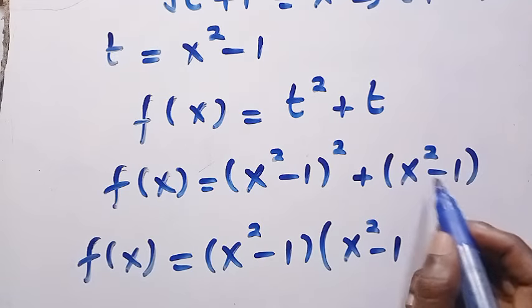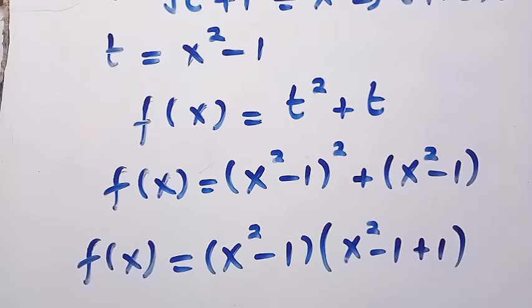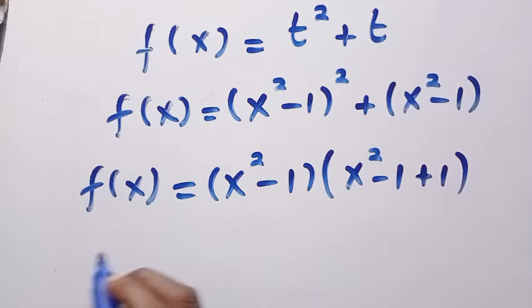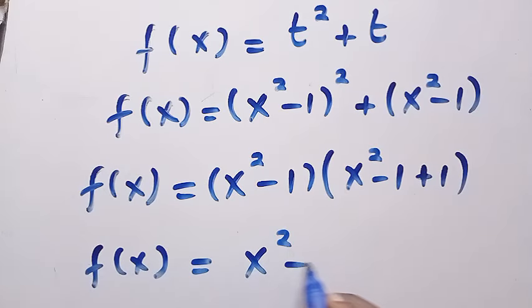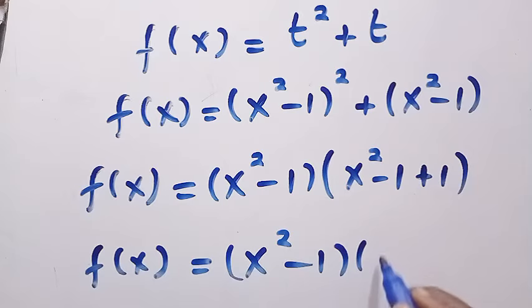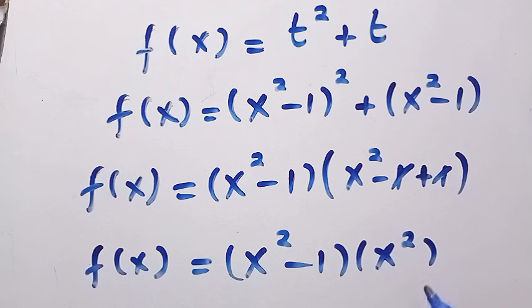Since I've taken out x squared minus 1, here remains plus 1. And again, we have f of x equals x squared minus 1 multiplied by the bracket of plus 1 minus 1, which eliminate each other, and here we have only x squared.